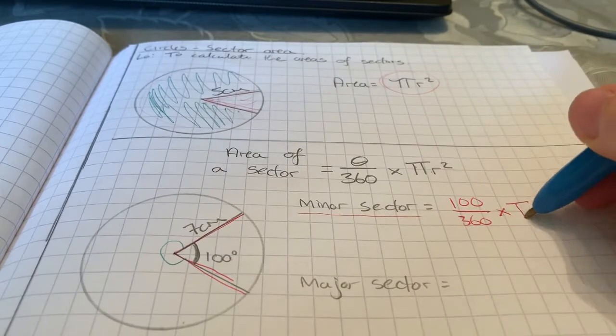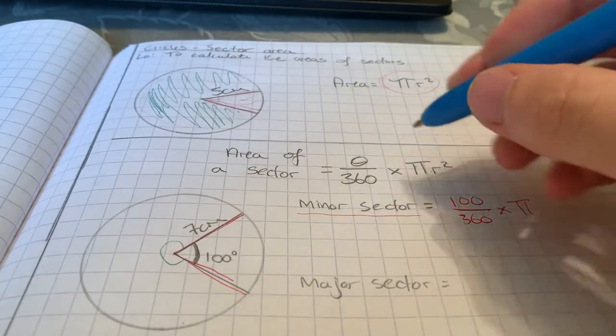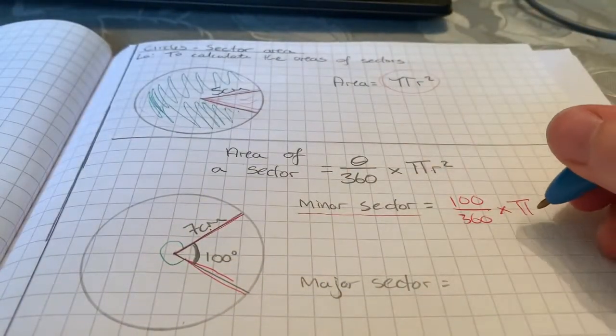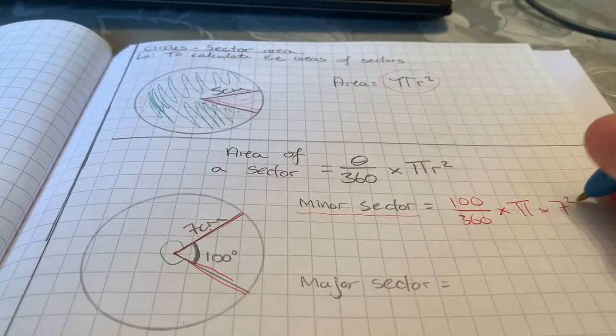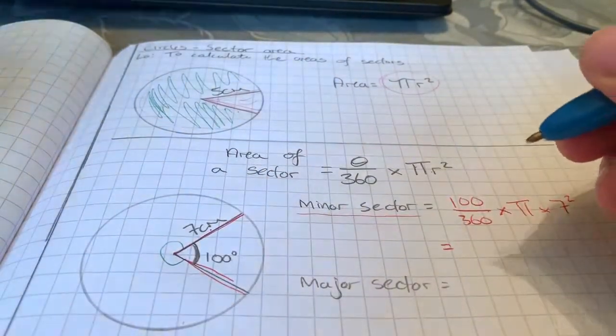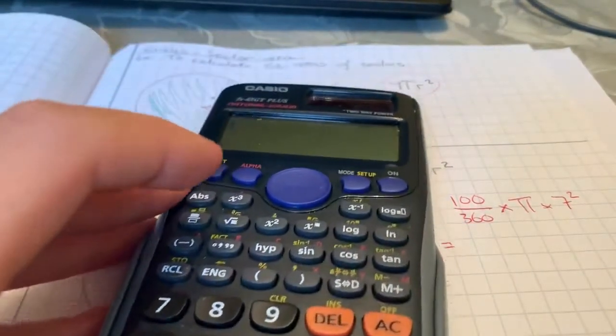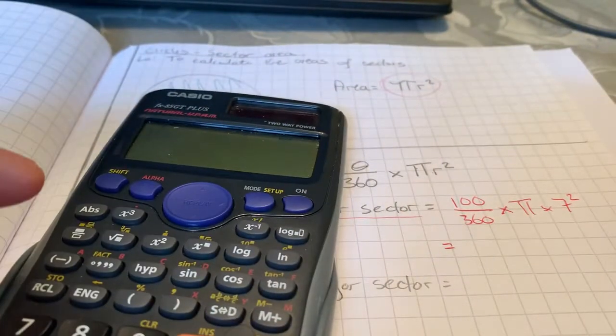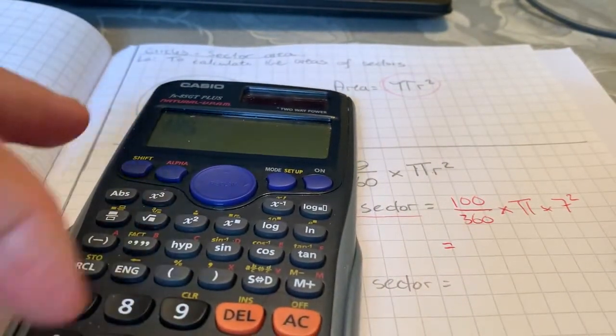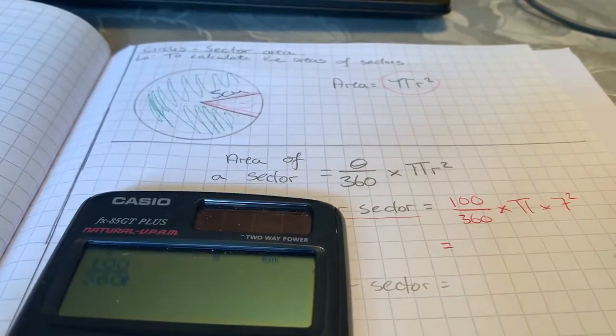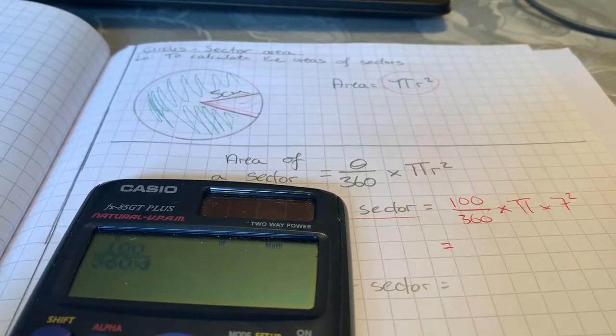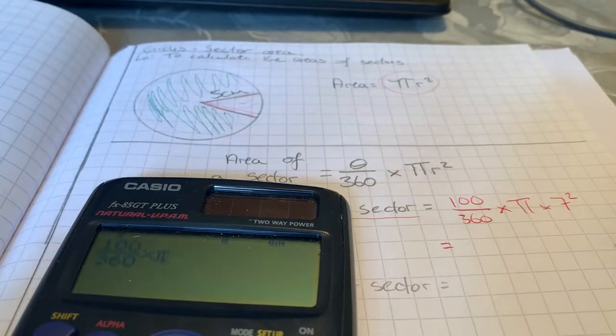So here it's pi, radius is given as 7, times 7 squared, and you could put that into your calculator. So 100 over 360, times by pi times by 7 squared.